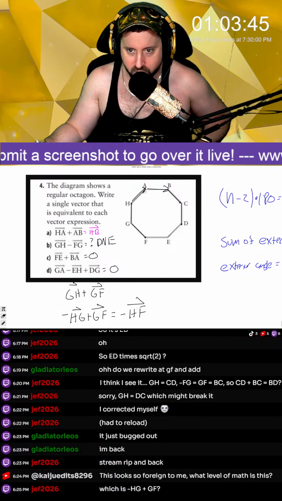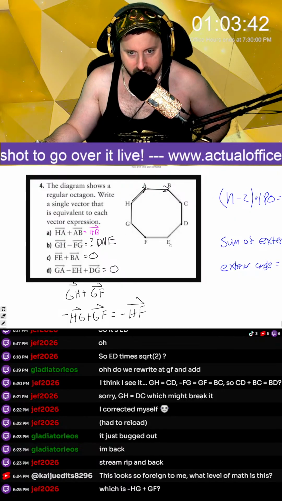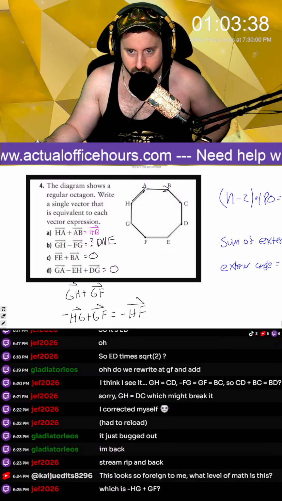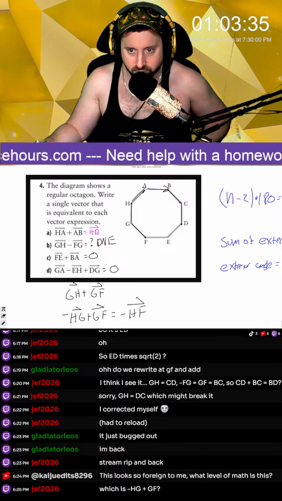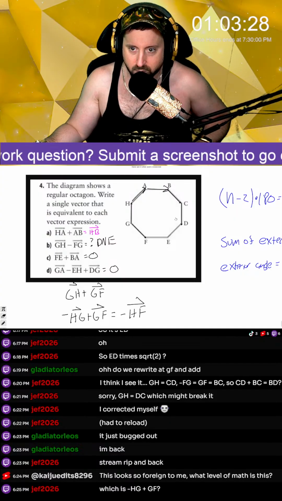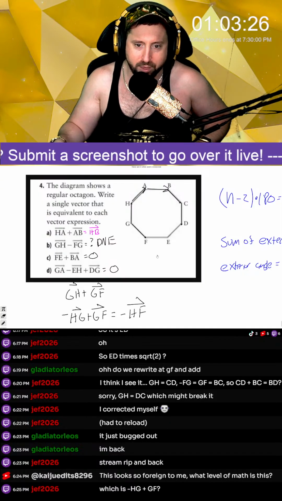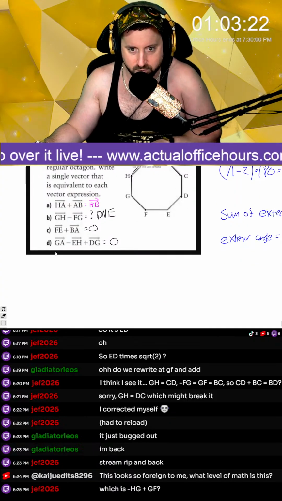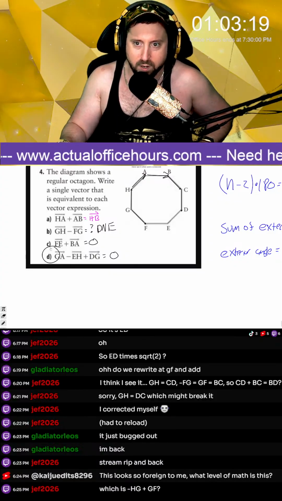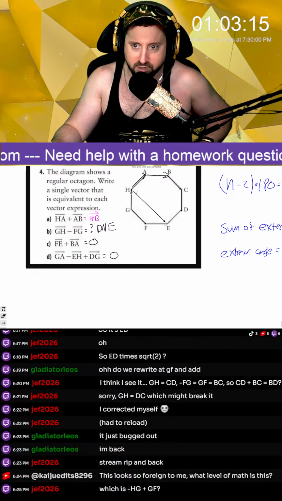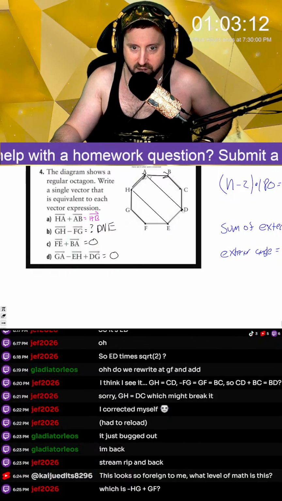GA. I want to see how the other one works. GA. EH. Okay, EH. So we had to do it that way. How this worked: we know that minus EH is the same thing as plus HE, and HE is the same thing as AD.